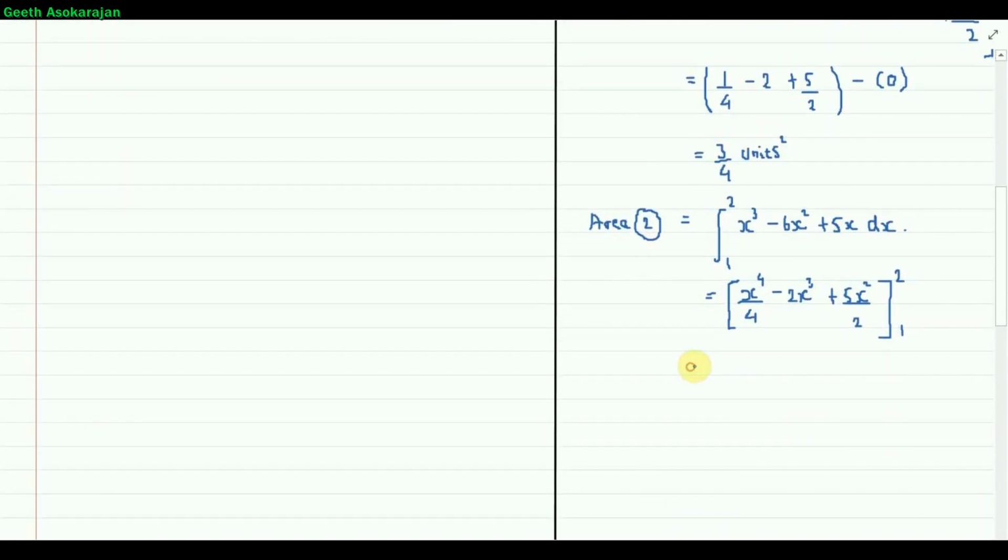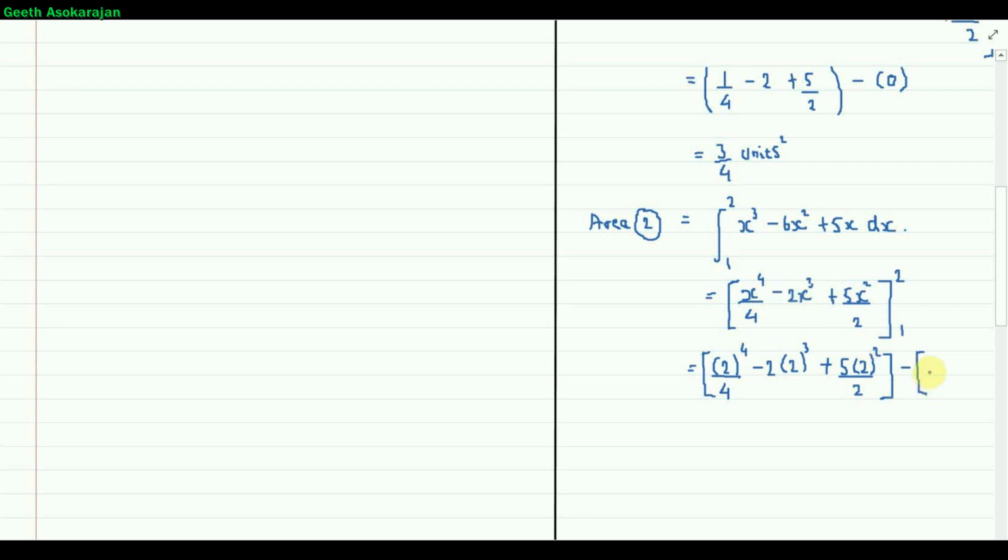Now let's go to the next step. Let's replace limits. So if I replace the upper limit, so the upper limit you replace first, replacing the x by the upper limit 2, 2 to the 4 over 4 minus 2 into x replaced by the upper limit 2, so 2 cubed, plus 5 x replaced by 2, so 2 squared over 2, minus lower limit is 1.